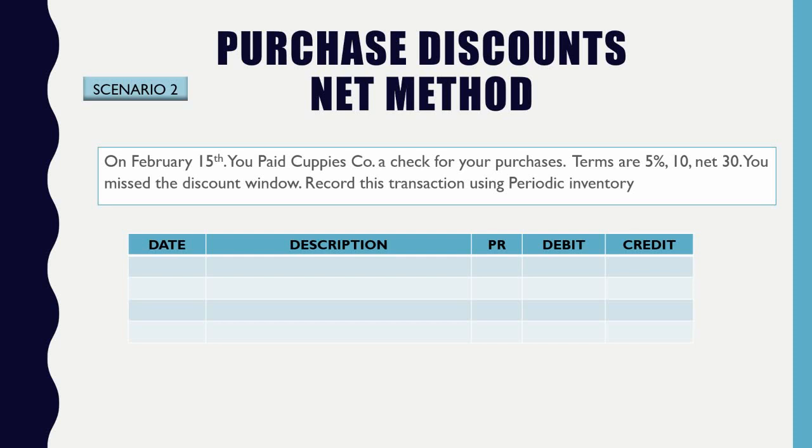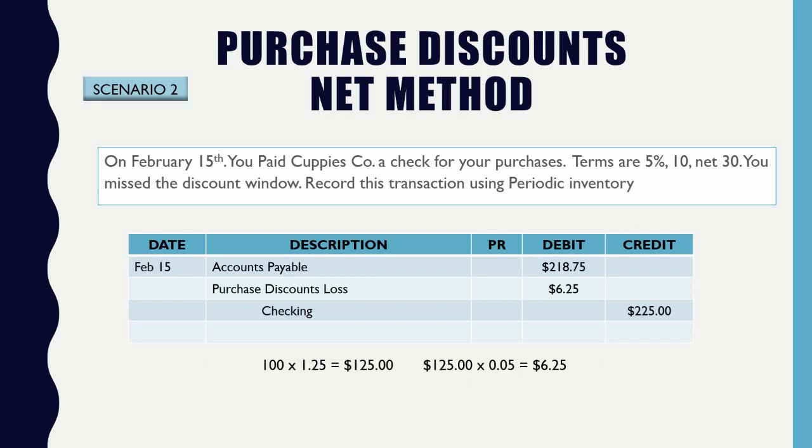Correct. But in this case, we're going to recognize a contra account. Because in our books, right now I only owe them $218.75. But because I missed the discount period, I have to create a contra account to recognize that I lost this discount.